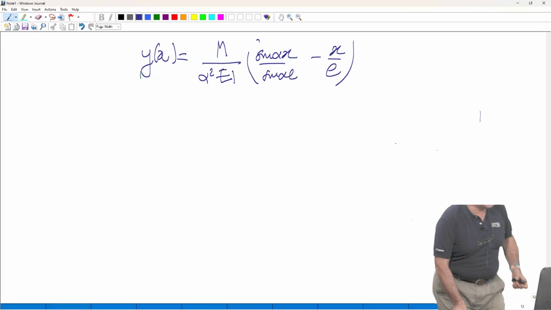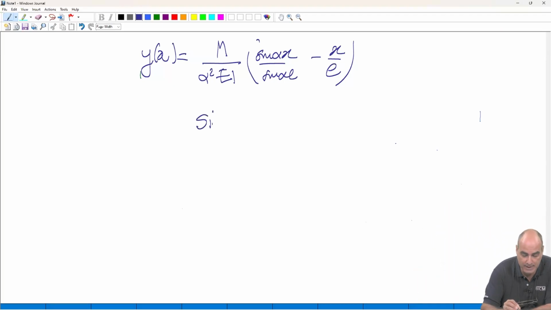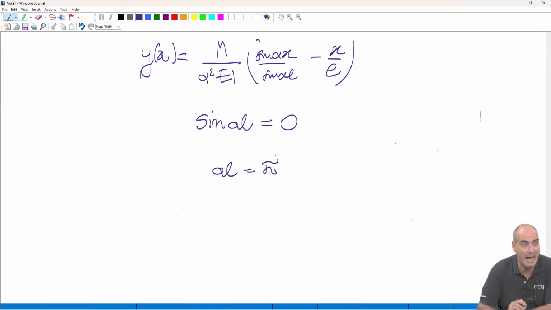And when does this happen? Well, this happens when sin(αL) is equal to 0, which means αL equal to π. We know that αL equal to 0 is also a solution, but we don't want αL equal to 0, because αL equal to 0 means P equal to 0, no worry.